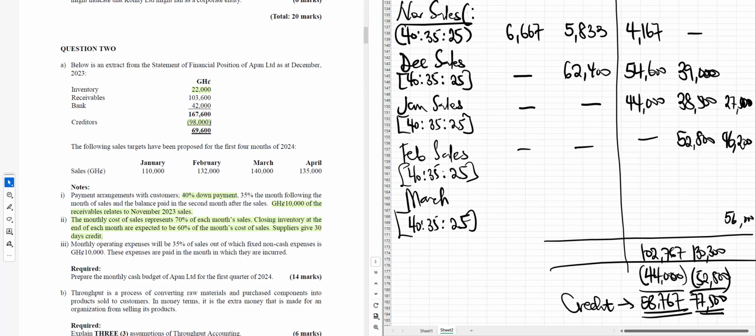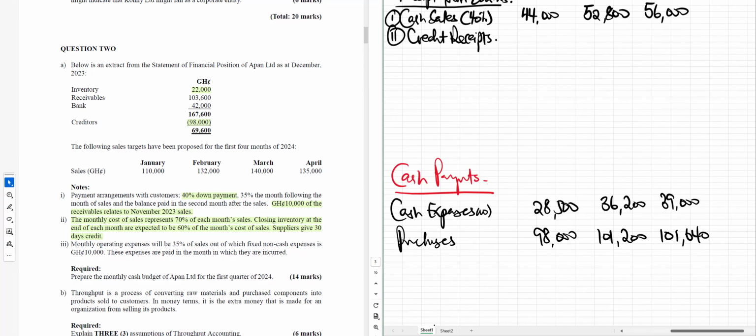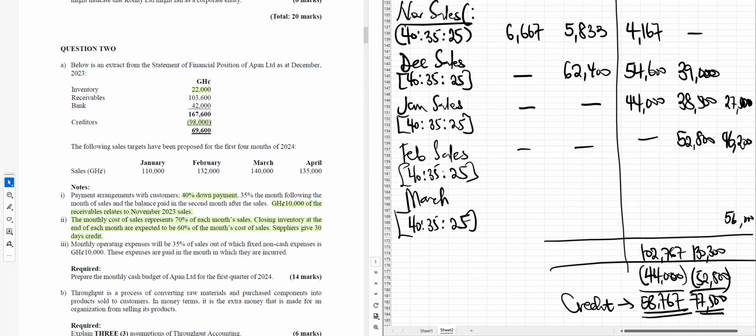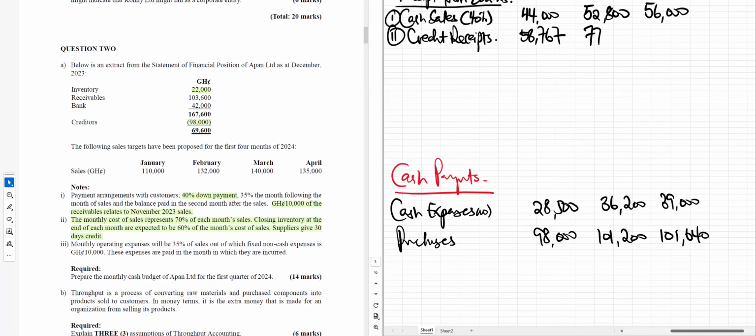Okay, so this one, 58,767. Then this one, that is 77,500. Then March, the credit receipt falls in the next month. So that is it.